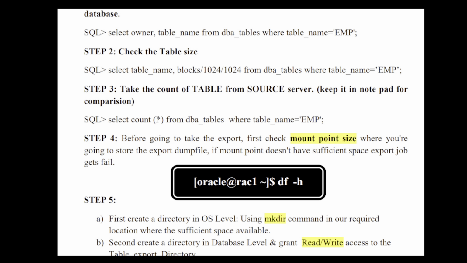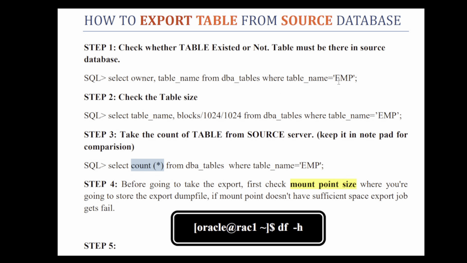Select count of star from dba_tables where table_name is employee. In every query you are going to use employee only, because we are working on the employee table. The export is completely related to the employee table. That's why in every query, the where clause must be linked with employee only.